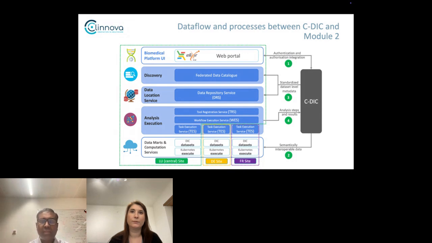So these are the different layers of this architecture, and on the top and the bottom you have the different data sites. We are using Kubernetes, or even if somebody doesn't have Kubernetes and only has a simple virtual machine, this infrastructure also works. In the future, it will be more and more required to have the data in different sites, and it could be genomics or any other omics as well.